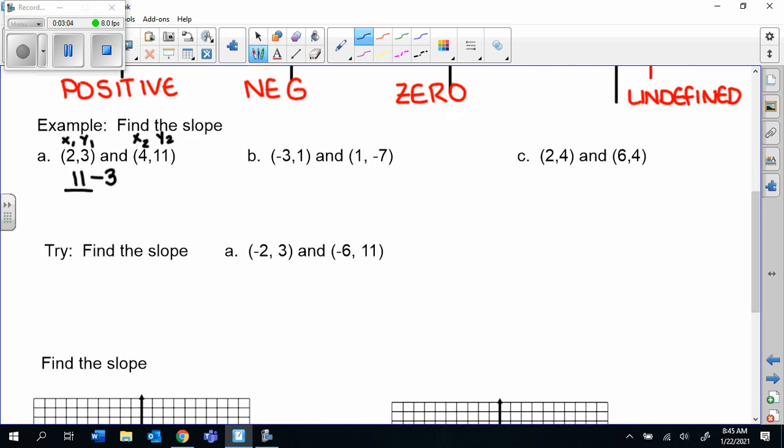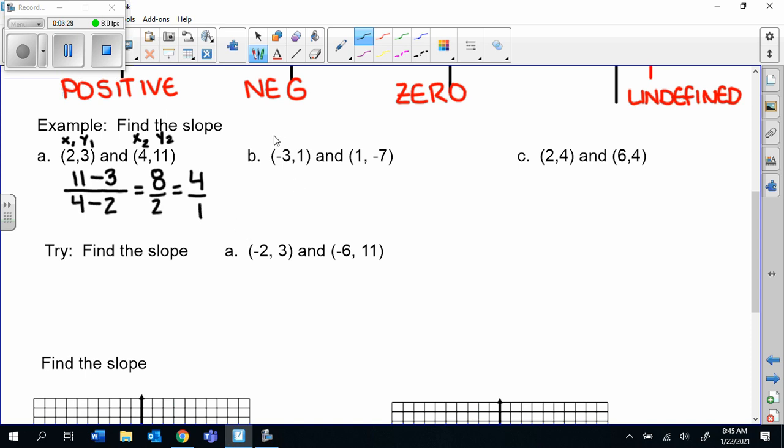I always subtracted because you're looking at how it differed. And then 4 goes first on the bottom. Take away 2. So we have 8 over 2, which reduces to 4. If we're graphing, sometimes it's nice if we write that as 4 over 1.